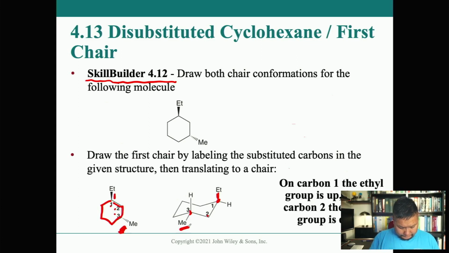There we go. Hydrogen there, right? And then we already know that they're going opposite directions of each other, so let me find an ethyl group. There's an ethyl group right there. Okay. And so I'll take it off of this one here.